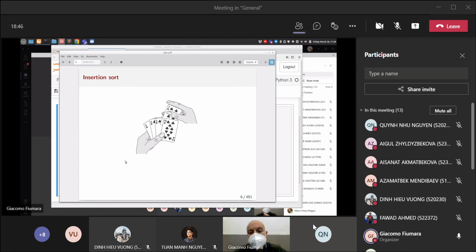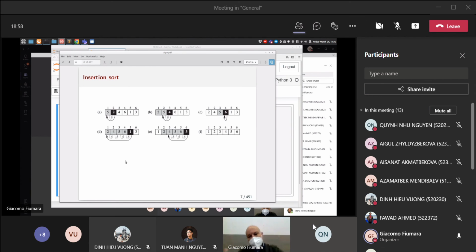So this is how insertion sort, how card sorting works. Let's skip to a more formal, more precise formulation of the insertion sort algorithm.